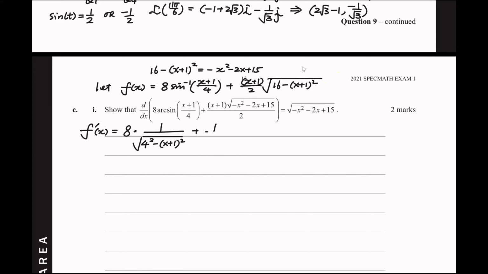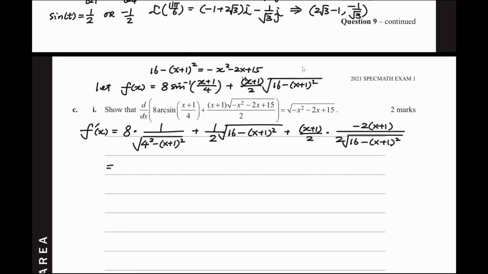Next one is a product rule. So I have a half times the square root of 16 minus (x plus 1) squared, plus (x plus 1) divided by 2. Now the derivative of the second part is a square root differentiation. So I have a 2 root 16 minus (x plus 1) squared, and the top is minus 2(x plus 1), okay?